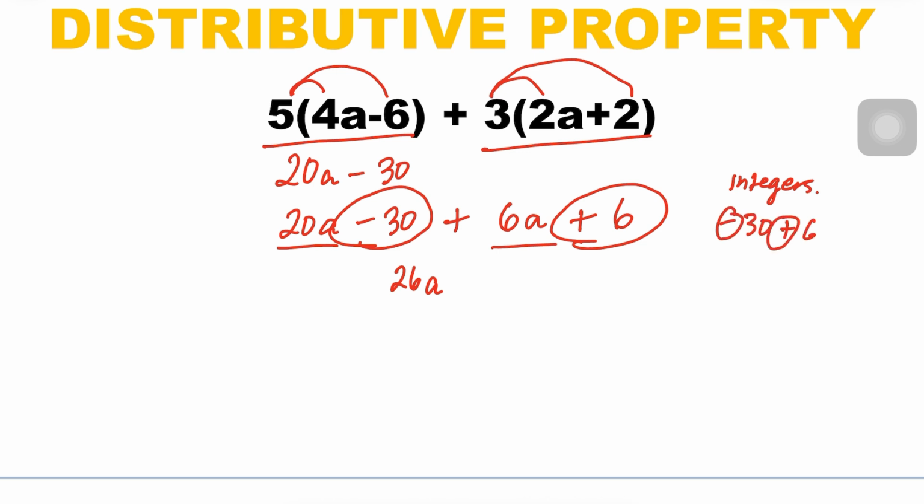Different sign, subtract. 30 minus 6, 24. Which one is bigger, 30 or 6? 30. What's the sign of the bigger number? Negative. So copy the negative sign, and then it goes there. All right. Next.